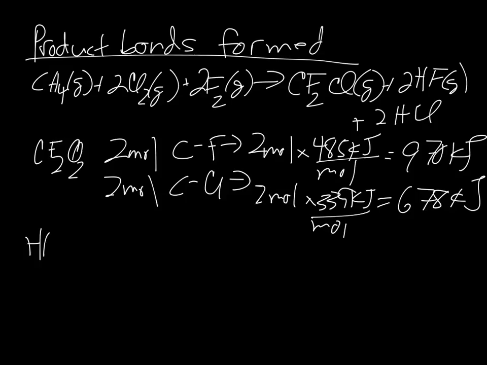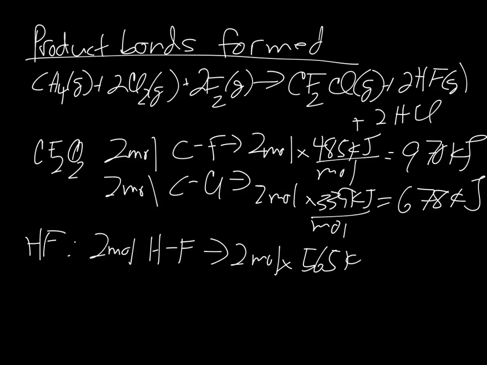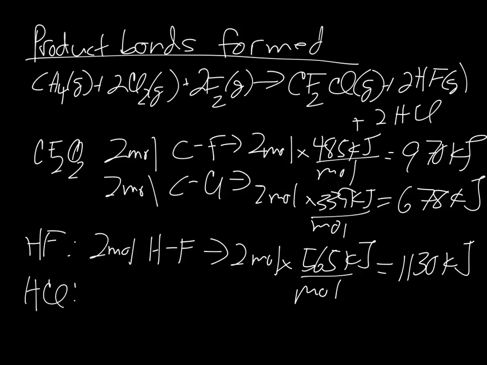Alright, I also have HF, and that's 2 moles of HF from my balanced equation. That'll give me 2 moles times 565 kilojoules per mole. I get that again off of the table. And that's 1130 kilojoules. And then lastly I have my HCl that I need to concern myself with. That's 2 moles of H and Cl.